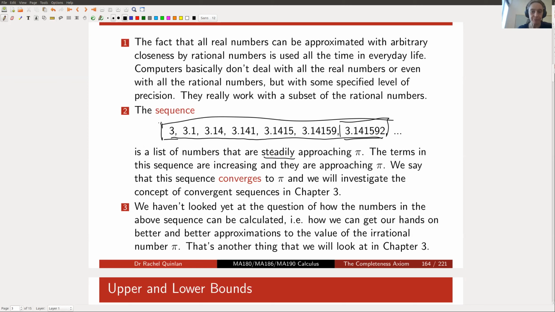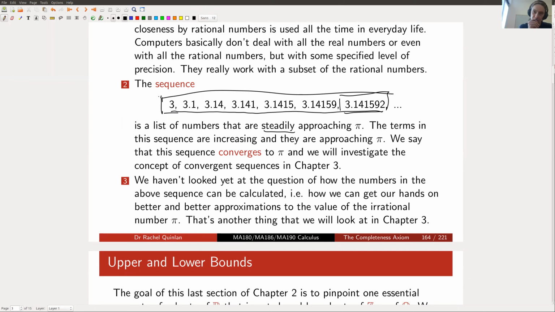Okay, that's by way of ideas that feed into this topic of completeness. And the main one is this idea that you can have a sequence of rational numbers whose terms are approaching something, and the something that they're approaching need not itself be rational.